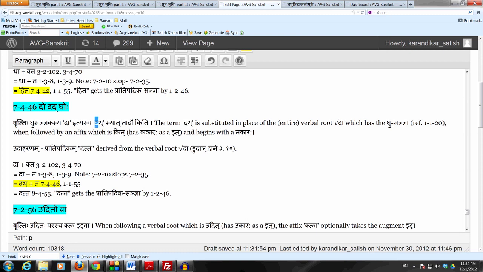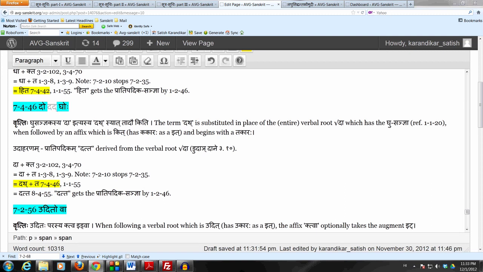The padacheda of the sutram could be done in 4 ways. The dad, which we see in the sutram, could be interpreted as dat with a takaraha, or dat with a thakaraha, or dad with a dakaraha, or dad with a dhakaraha. So prathama varnaha, dvitiya varnaha, tritiya varnaha, chaturtha varnaha at the end, because in every case we would apply Jhalam Jashonte and it would become dad.